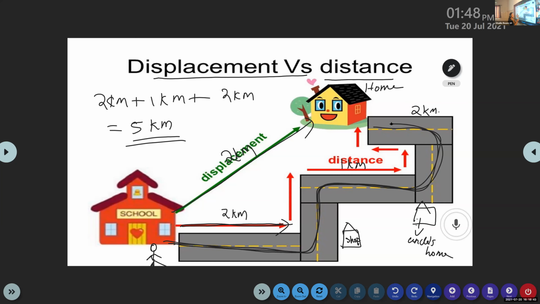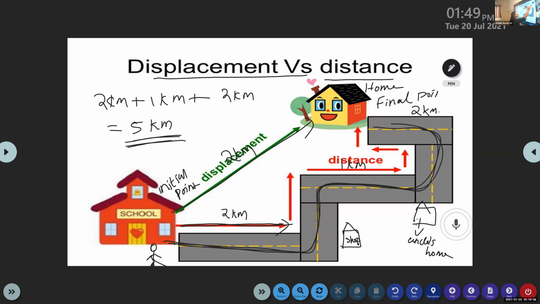So that is, he traveled to the shop, then to uncle's home. After that, he reaches home on the first day. So the total path covered by the object is 5 kilometers. And on the second day, he chose the shortest distance to reach his home. So the shortest distance between the initial point and final point is known as displacement.